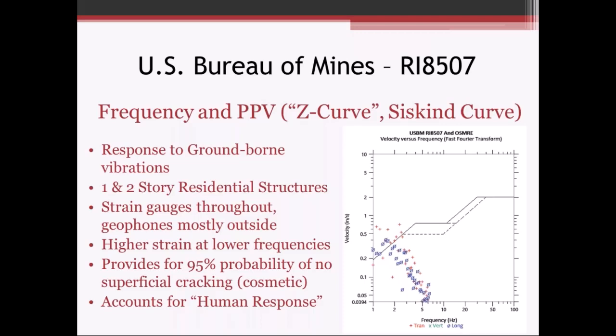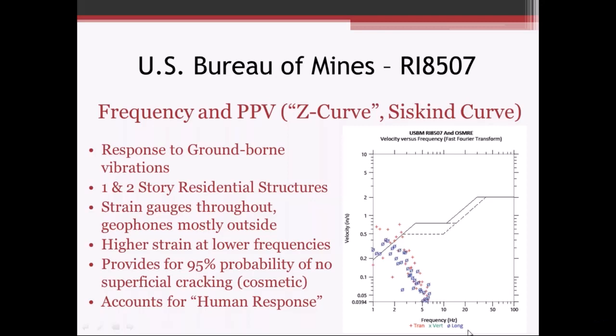So here we'll talk a little bit about that RI 8507 U.S. Bureau of Mines document, or at least what went into the research for that document. This image on the right, by the way, is the image of that geophone jerk where it skidded across the ground.